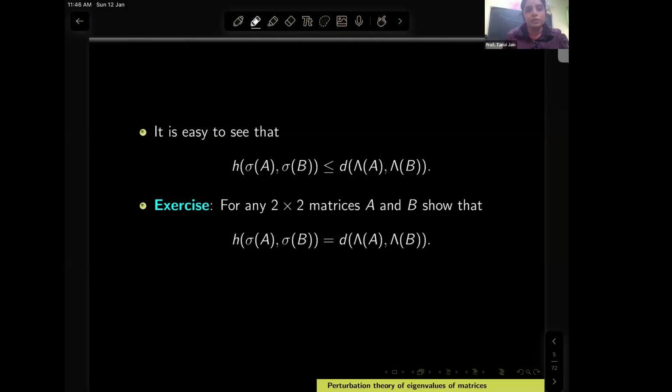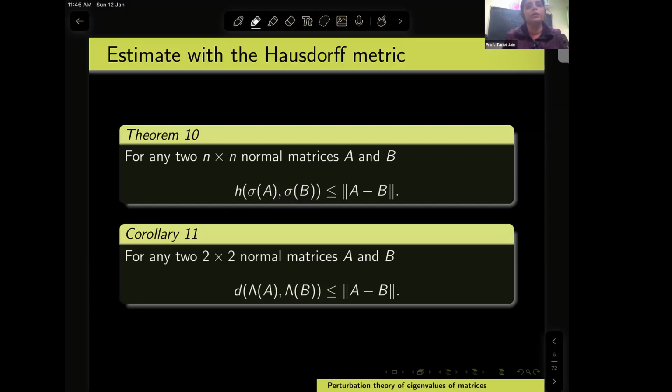Also, it's again a simple exercise that for 2×2 matrices, H(σ(A), σ(B)) is equal to d(λ(A), λ(B)). Now, as soon as I give you the next result, you will see why the counterexample where the inequality doesn't hold true for normal matrices was given by 3×3 matrices, not 2×2 matrices.